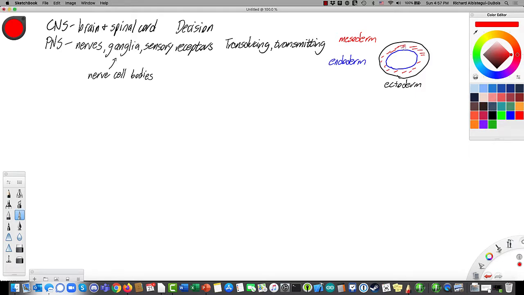So let's take a close-up view of kind of this top part right here. And we'd be looking at some mesoderm, like so. That's ectoderm.